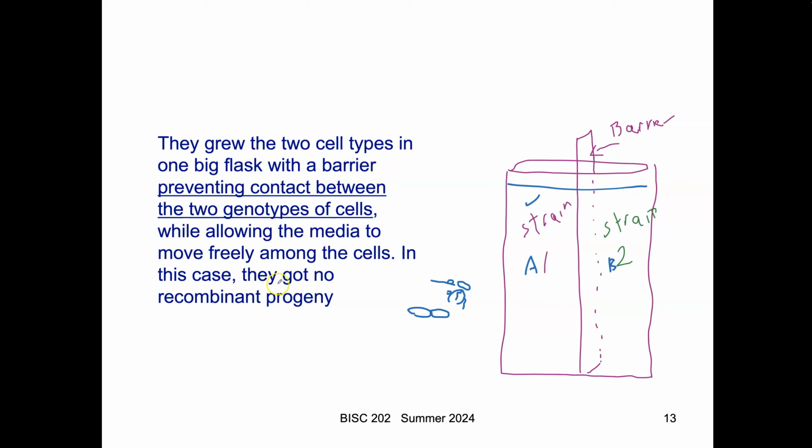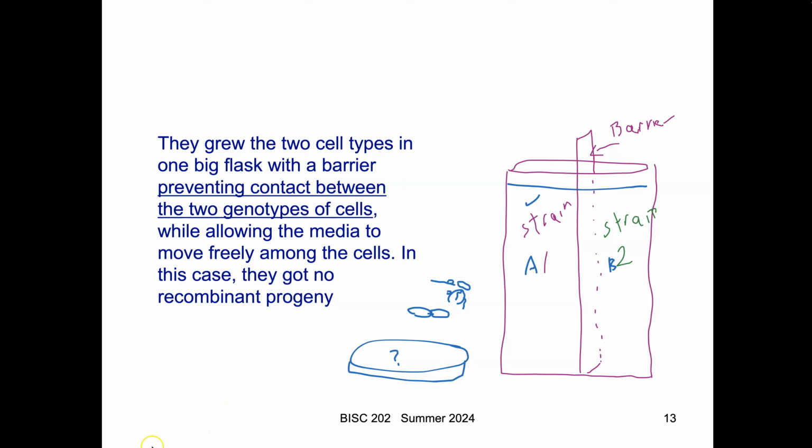But what happened was they did this, and then they put them all on plates that were just minimal media, and looked for colonies, and there were no colonies. So their conclusion here was, whatever is mixing between the two strains, it's not just loose genetic material. It seems to require that the cells physically contact each other.